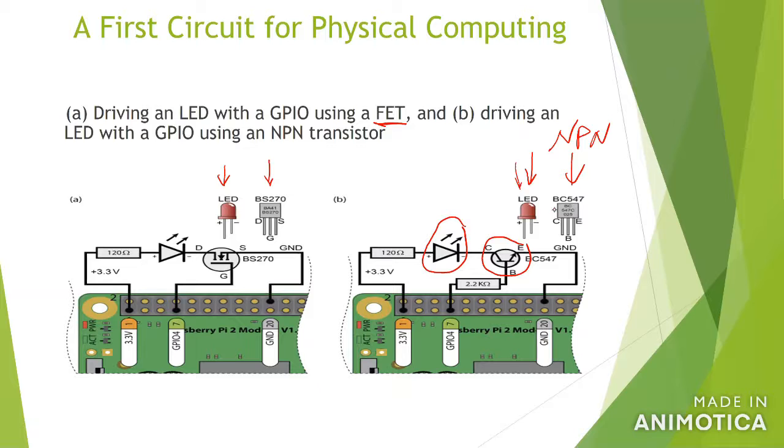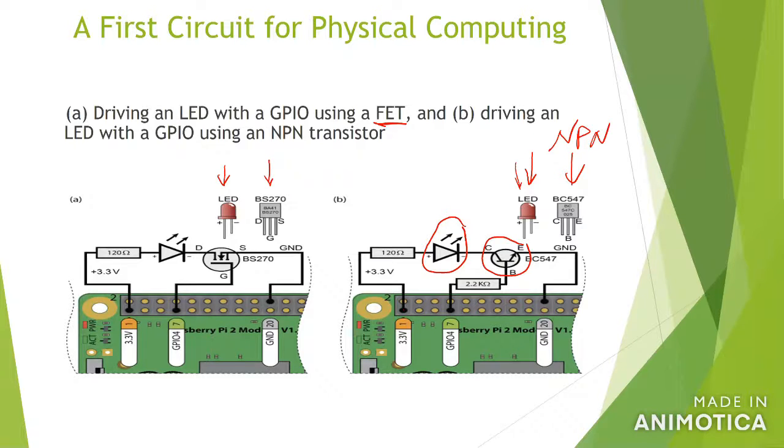The LED is a kind of diode, a light emitting diode. To make sure that the LED can be on, you have to go through a resistor. This resistor has a resistance of 120 ohms to 3.3 volts.